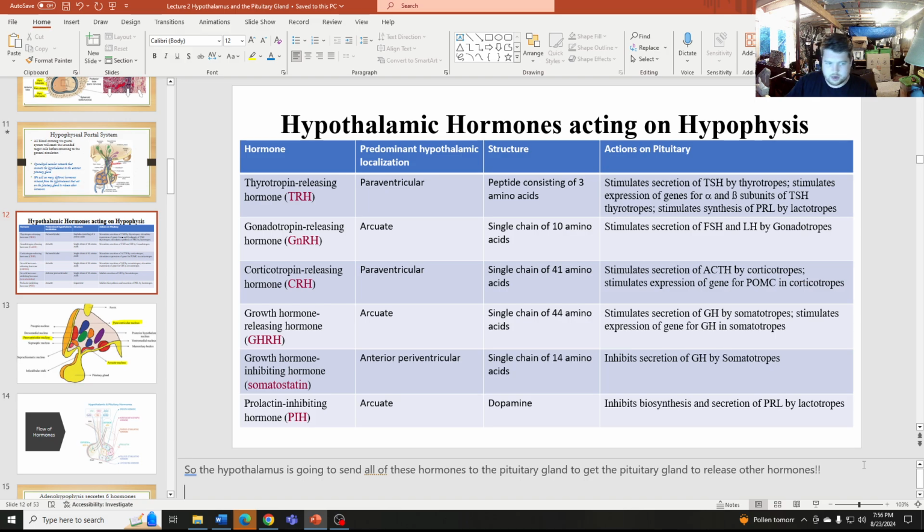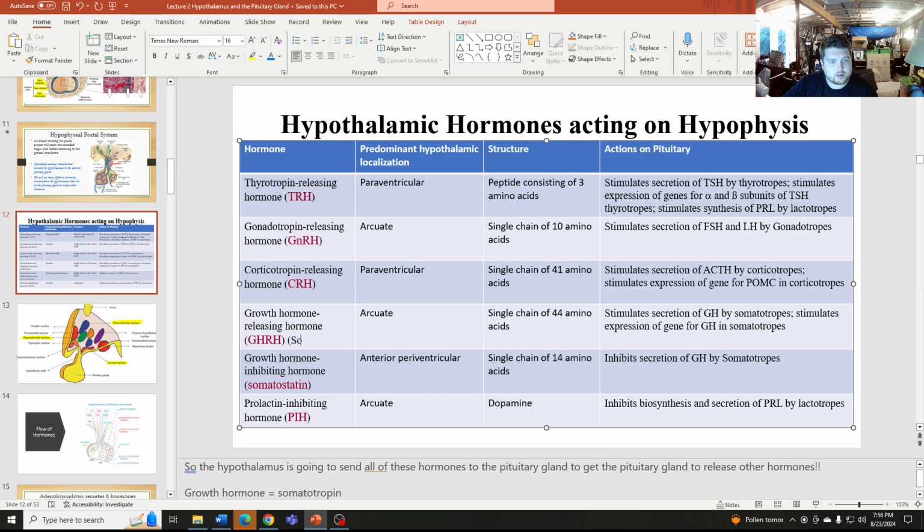Let me add that in here. Growth hormone equals somatotropin. So then that would be a somatotropin releasing hormone, or growth hormone releasing hormone would be another way that you could say that as well.